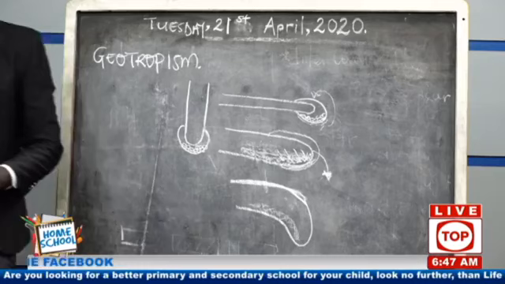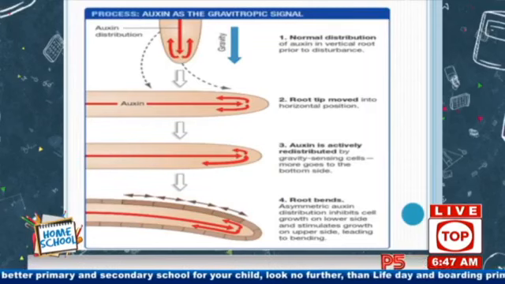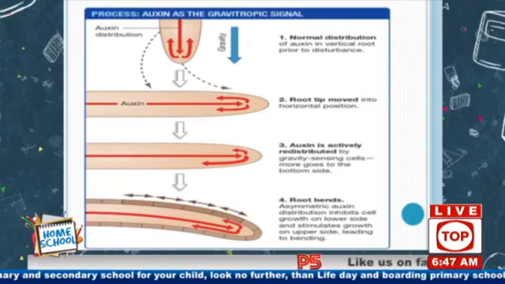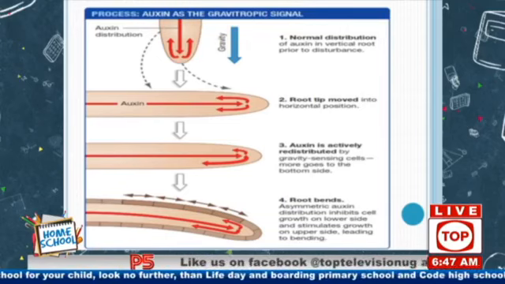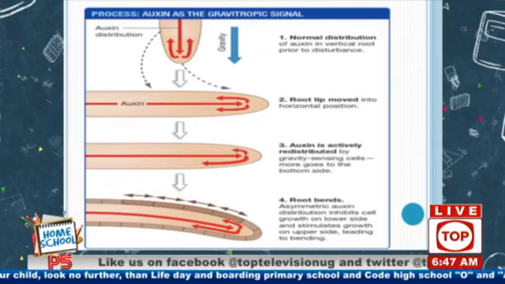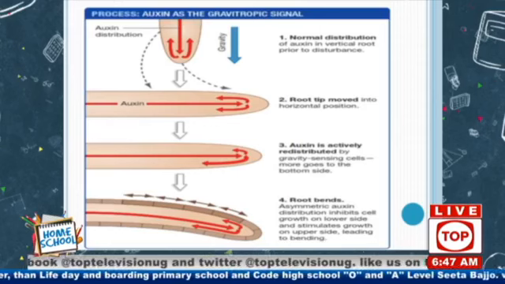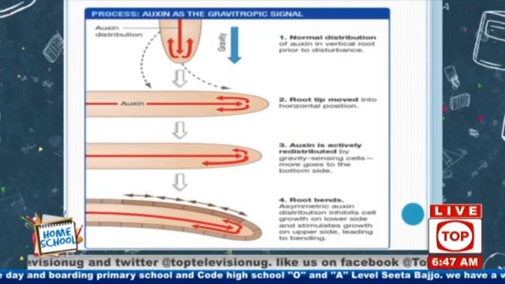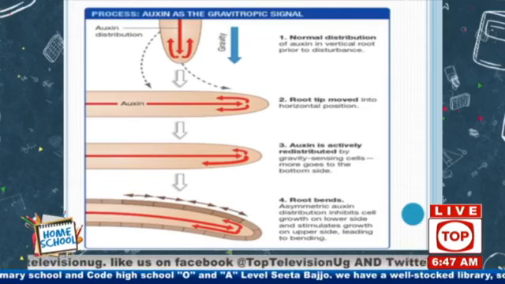So if you take me back to that slide, yes, we are saying auxins are actively redistributed. Auxins are actively redistributed by the gravity sensing cells. The gravity sensing cells determine where auxins are going to be distributed most. The side that has the largest pull of gravity is where auxins will be distributed most.